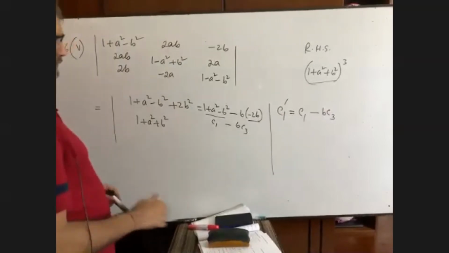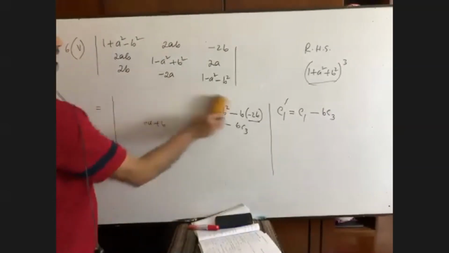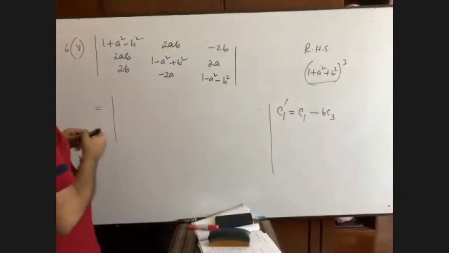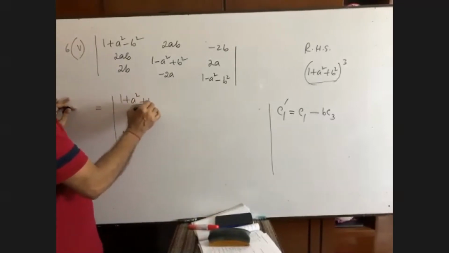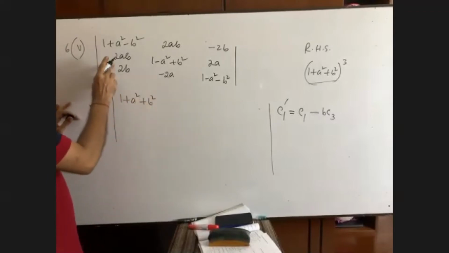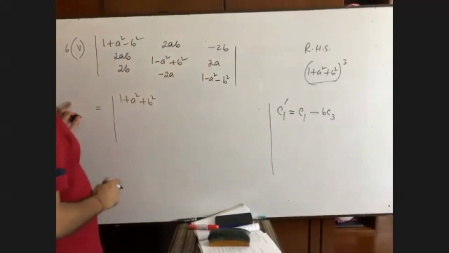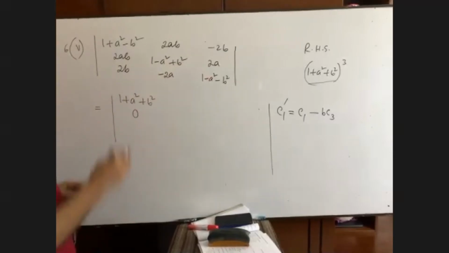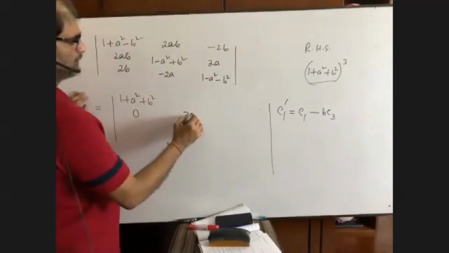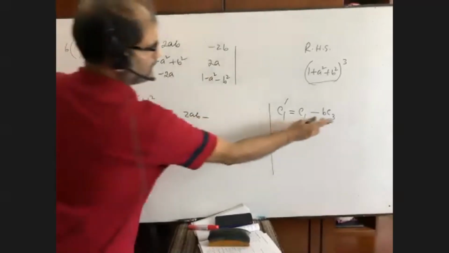You see again. It is 1 plus a square plus b square. Now this minus this. Can you tell me what will be there? 2ab minus b column 3.